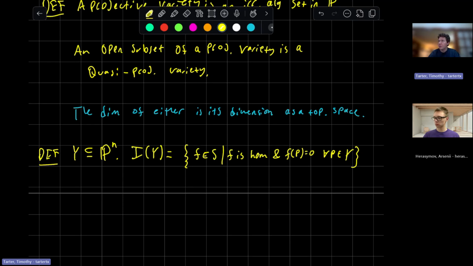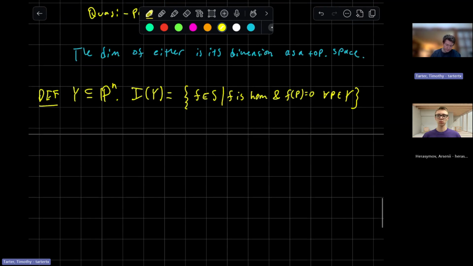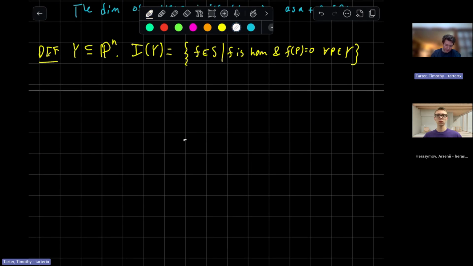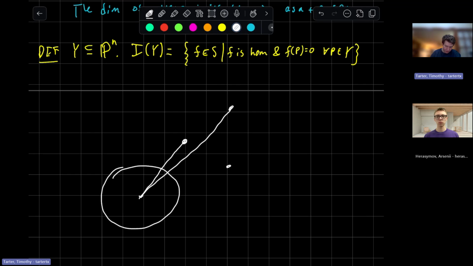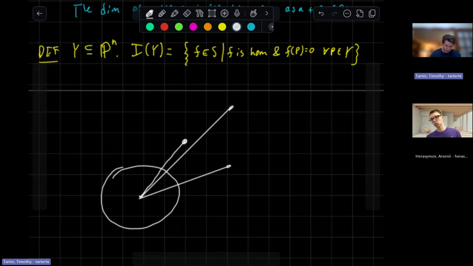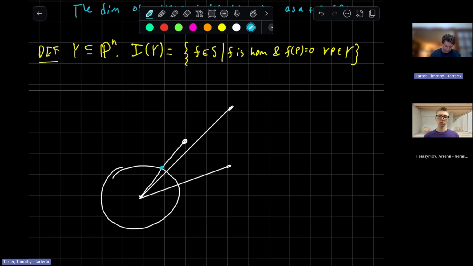What is this equivalent to? If we were trying to make geometric constructions with polynomials, but we were doing it in projective space, and we were thinking about a triangle, the easiest way to think about a triangle in projective space is by mapping things like so to their points on the unit circle.